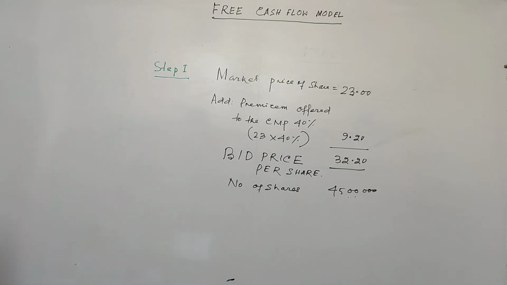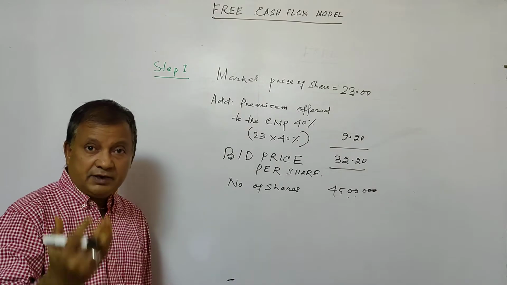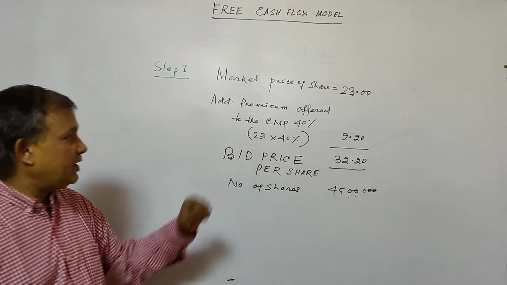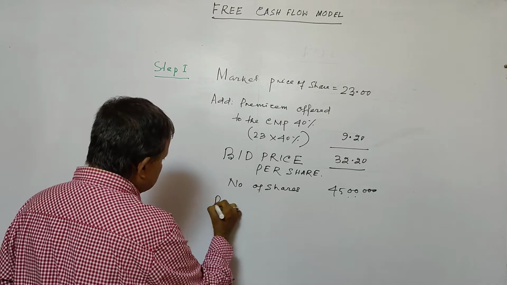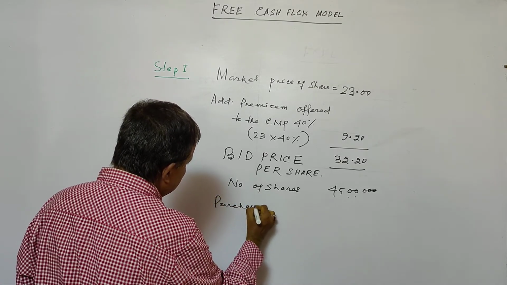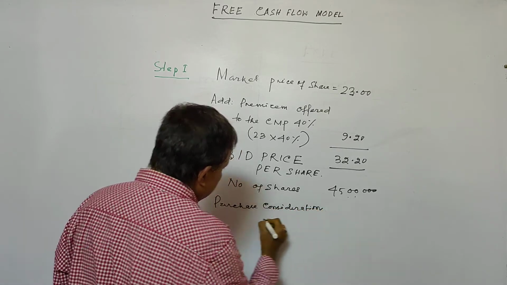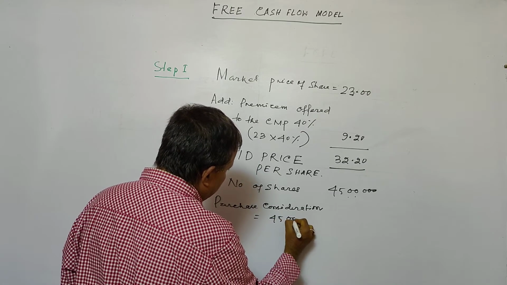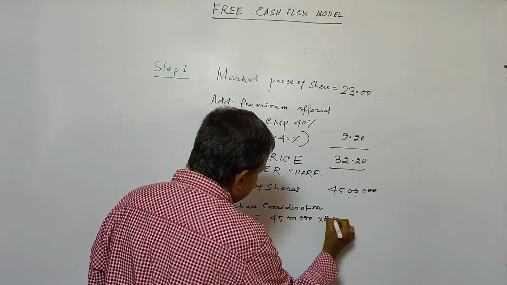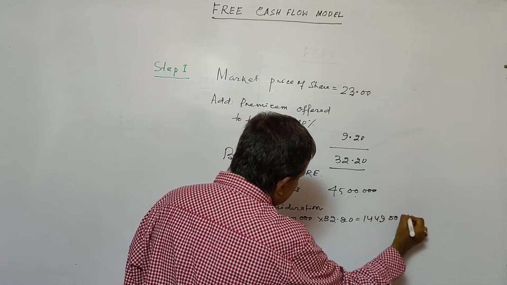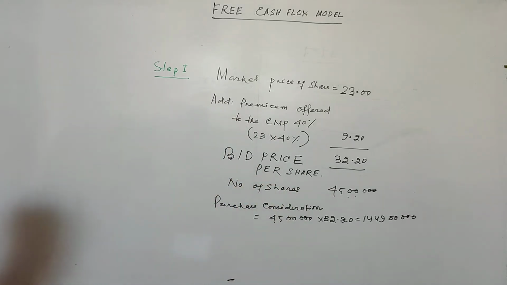Hence, the total value, the purchase consideration or value of the business as per the present bid price, I can write: purchase consideration, 45 lakh shares multiplied by this, it will come to 1449 lakhs.